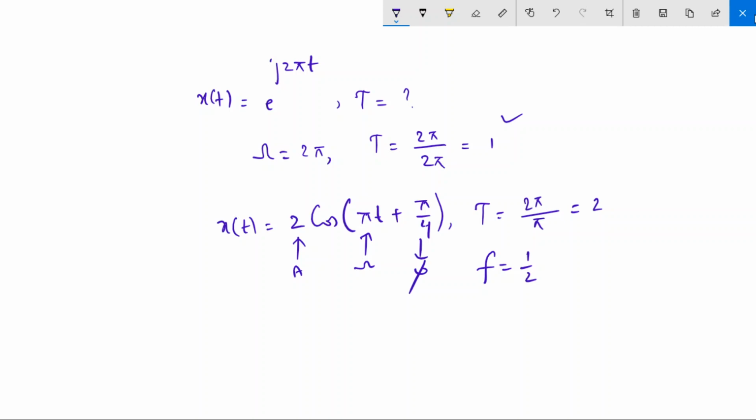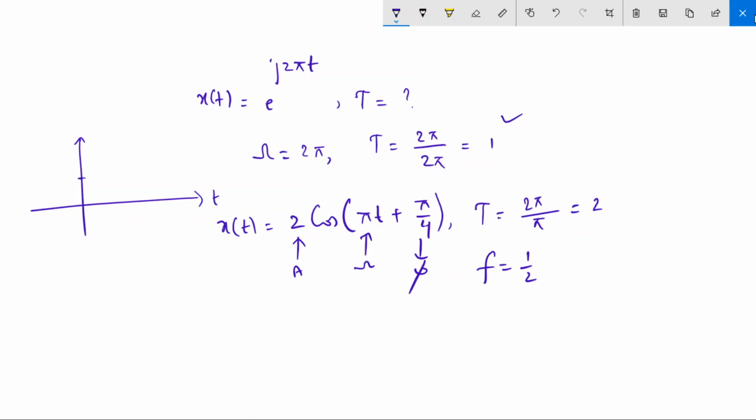So if you plot this signal, what you will get? The magnitude at t equal to 0 is 2 cos of pi by 4. So it will not be maximum at t equal to 0 because of this phase. Its maximum will occur at some different point. And when will that occur? When this argument becomes 0, because cos 0 is 1.